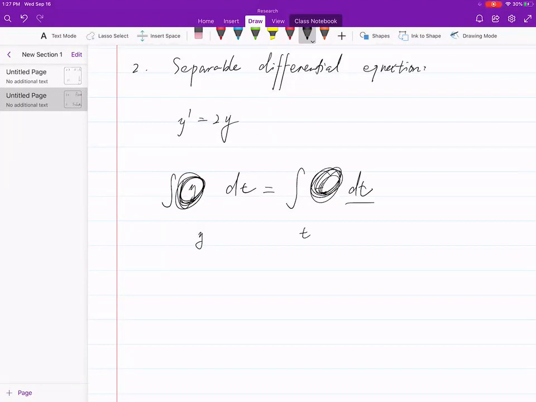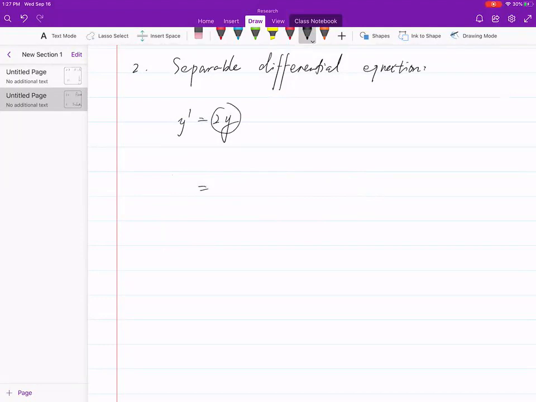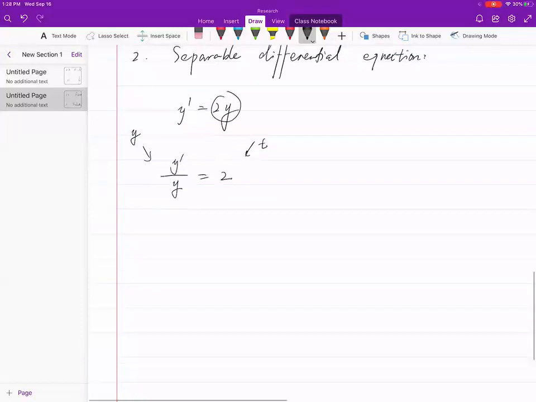Now let's try to see how we do this. We have 2y. I want all the y to be on one side, so we got y prime over y. I want everything else on the other side, so I got 2. Keep in mind, this is for t, this is for y. Now let's take the integration with respect to dt.